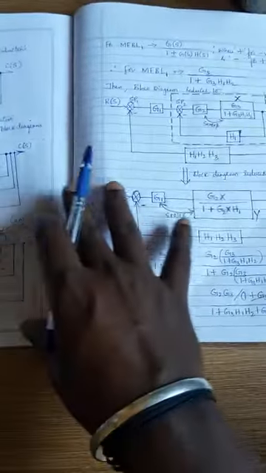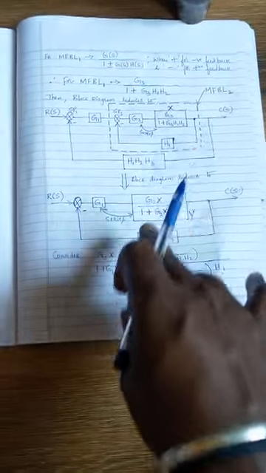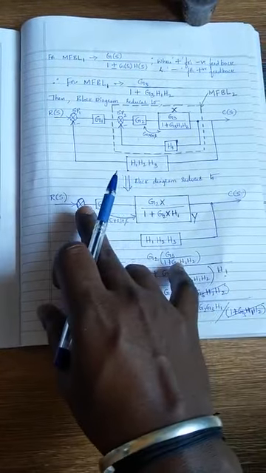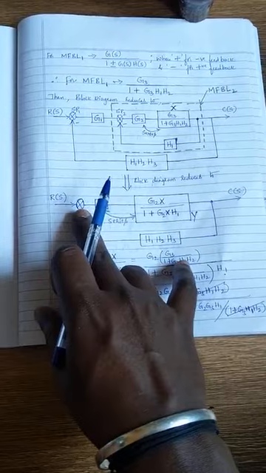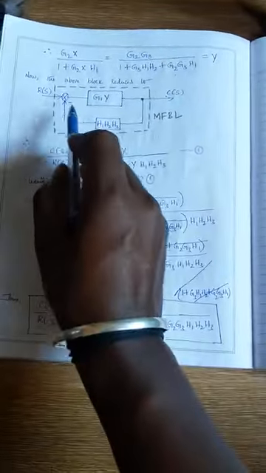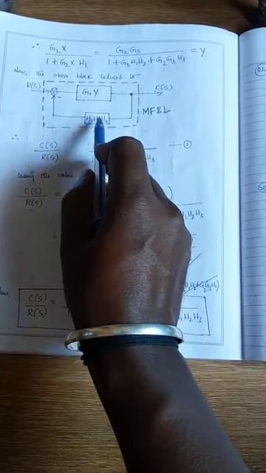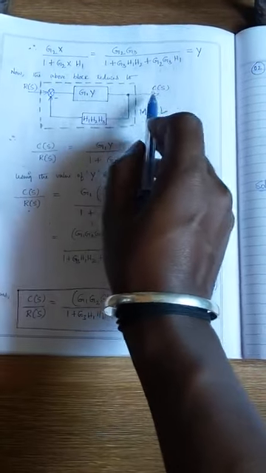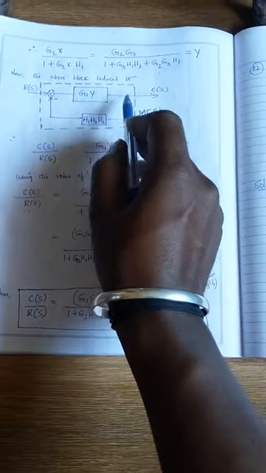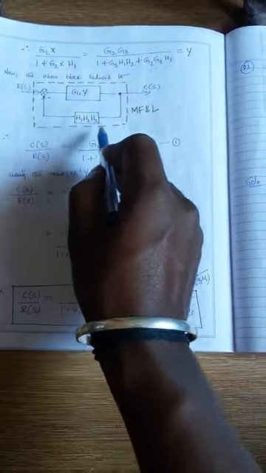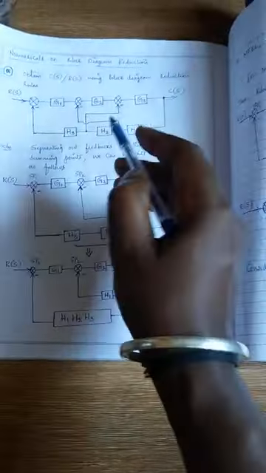So wherever possible, the minor feedback loop is reduced, and we try to finally make it one summing point, one feedback block, one forward block and one takeoff point, like how it is done here. So this is the last block representation of this complex block.